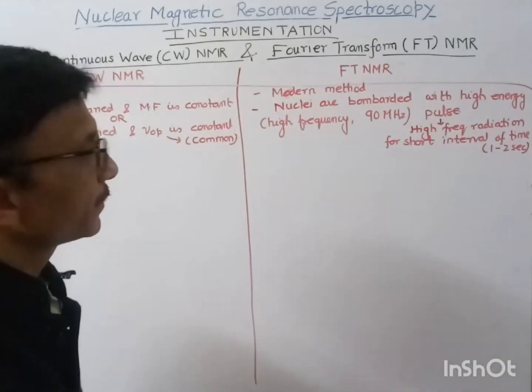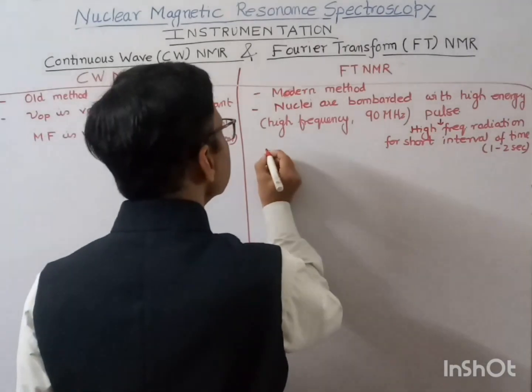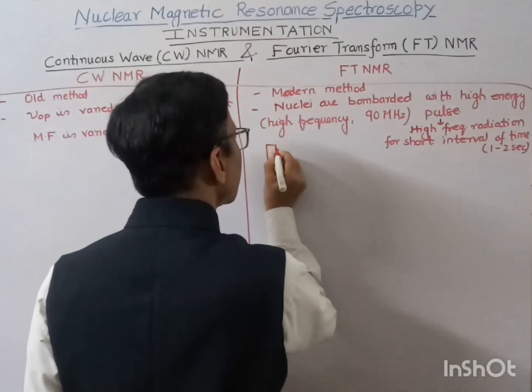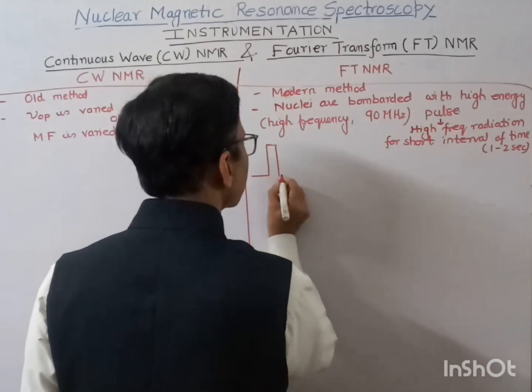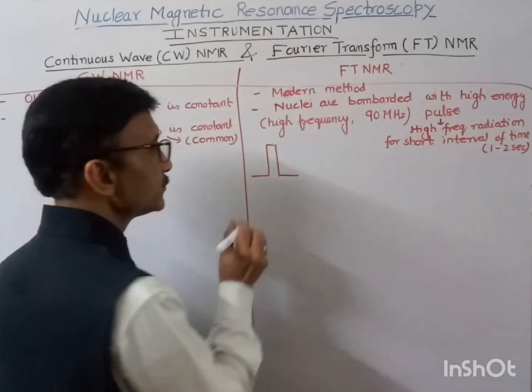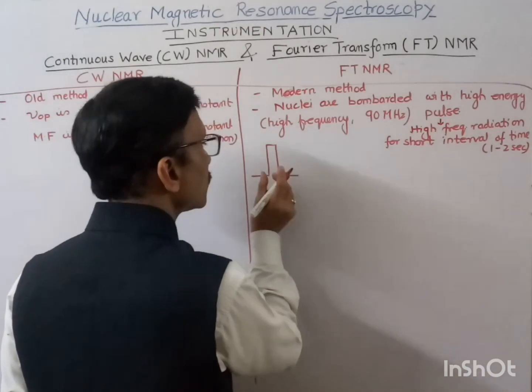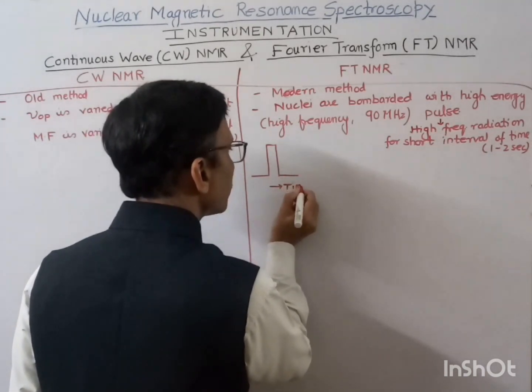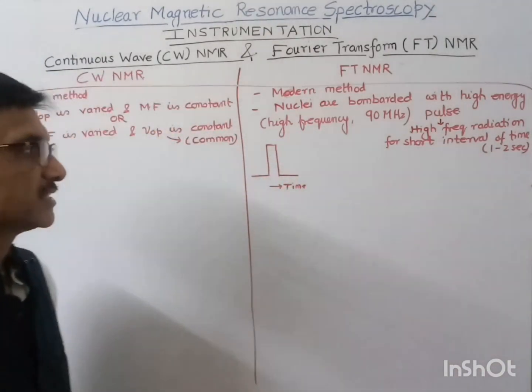Okay, and we can represent the pulse in this way. This is the pulse. As we can see, this is only a very small time. For a very small time it is bombarded.